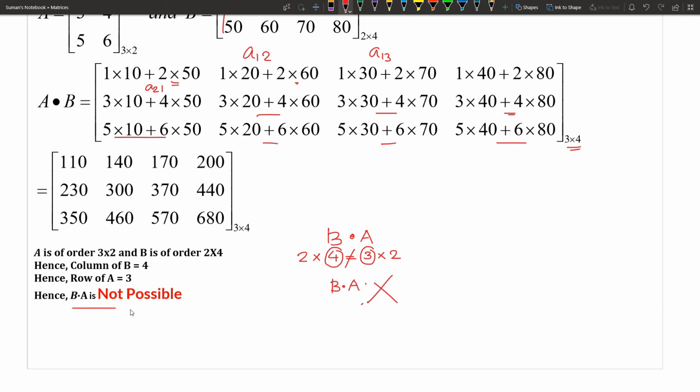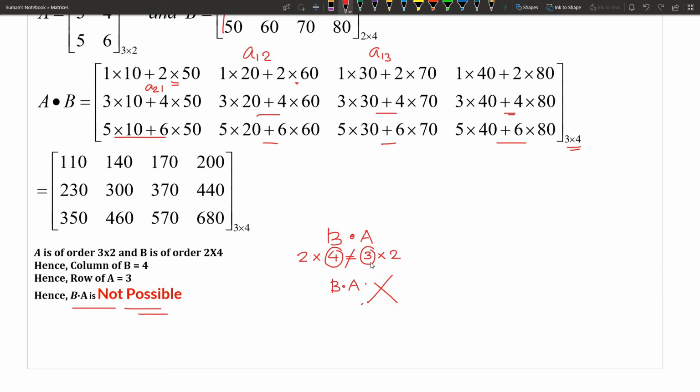So B dot A is not possible as the number of columns of B, the matrix on the left hand of the dot, is not equal to the number of rows of the matrix A, which is on the right hand of the dot.